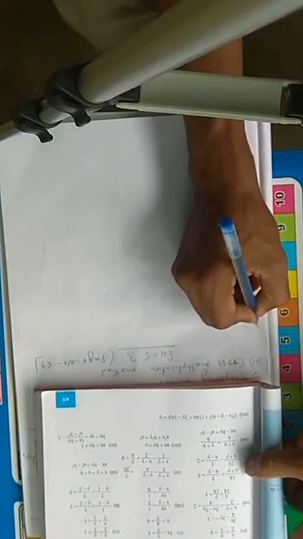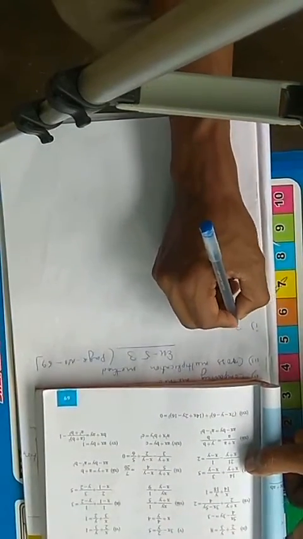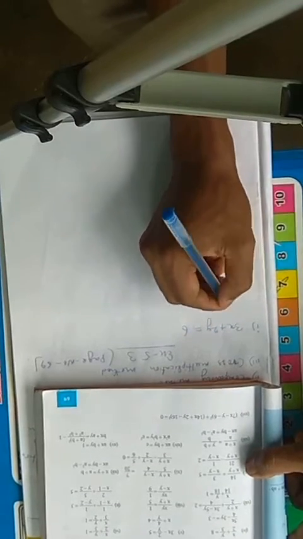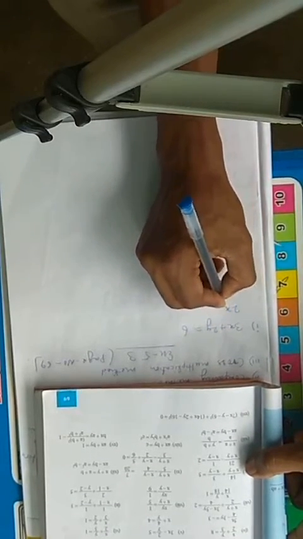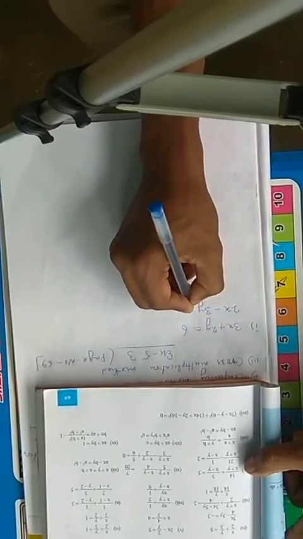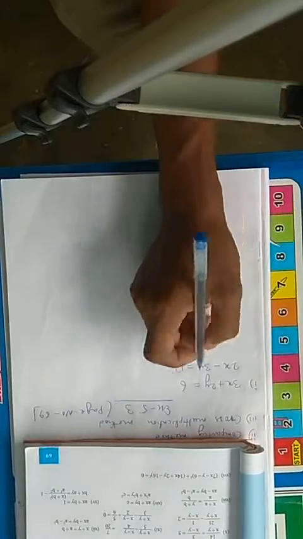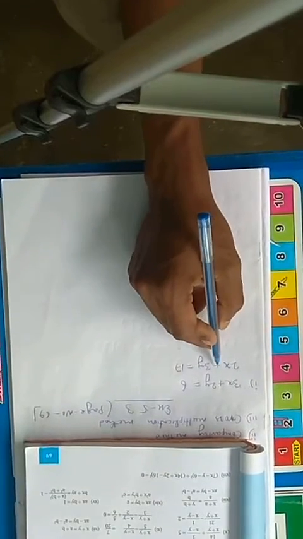Question number 1 is 3x plus 2y equals to 6, and 2x minus 3y equals to 17. That is a question. There are two equations.